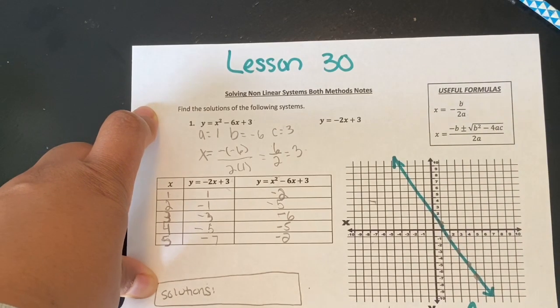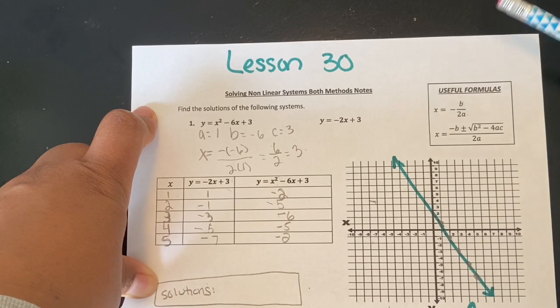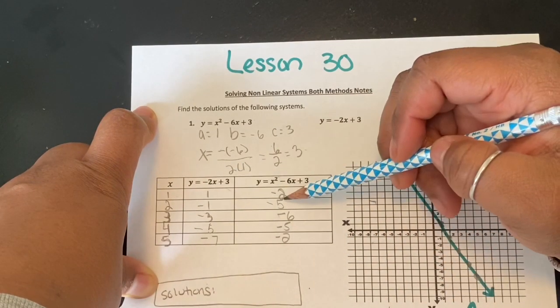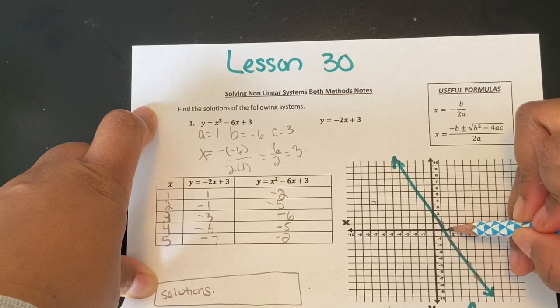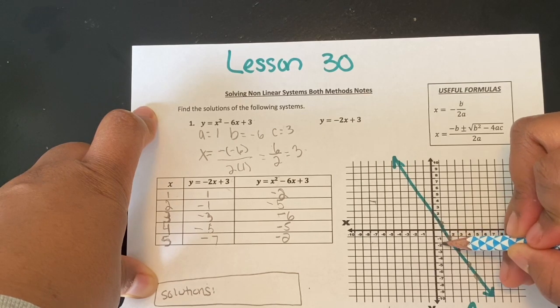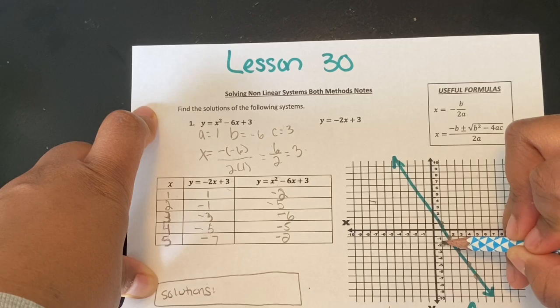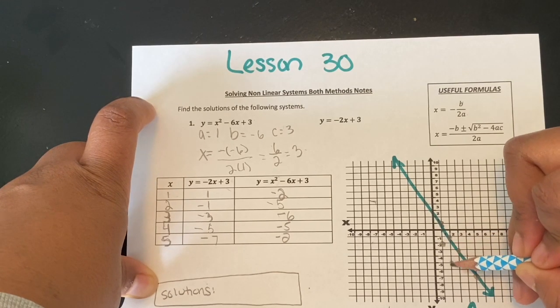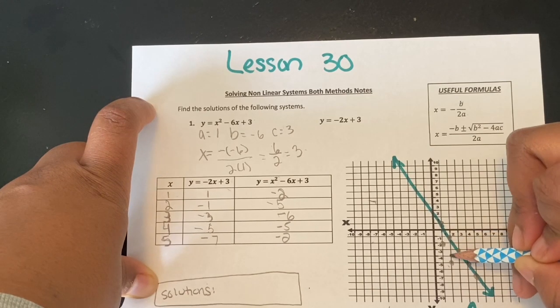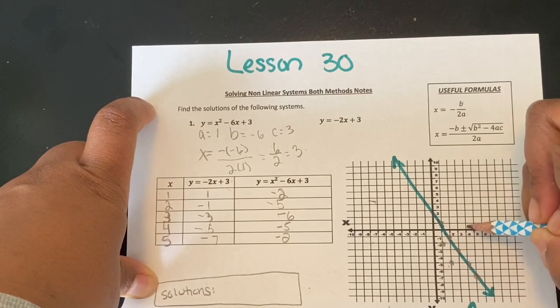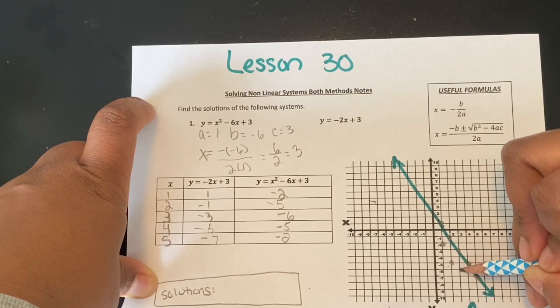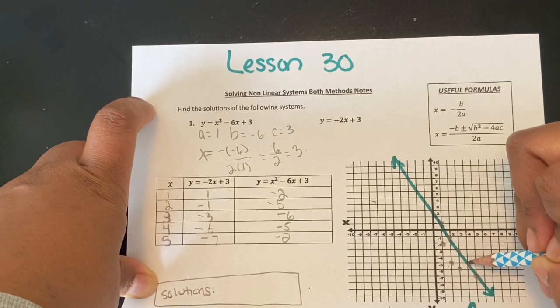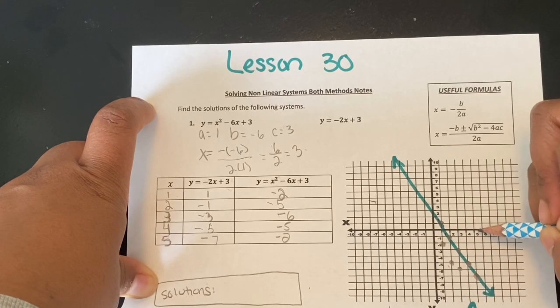Now I have to do the same with my quadratic. My x was 1, my y was -2. 1 is here, -2. Then (2, -5), (3, -6), (4, -5), and then (5, -2).